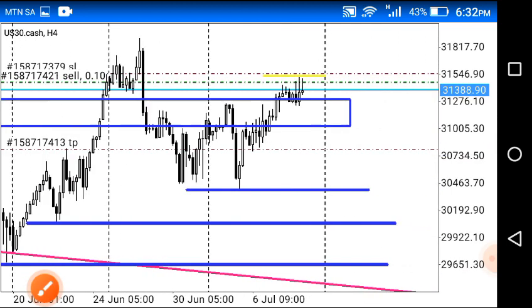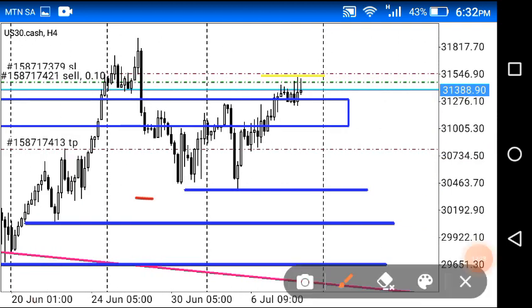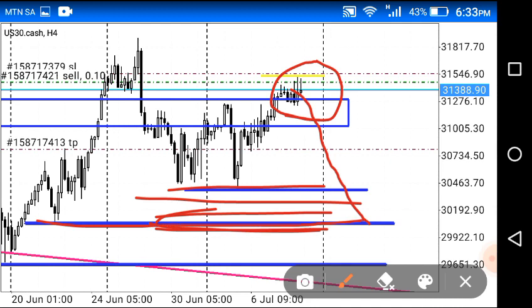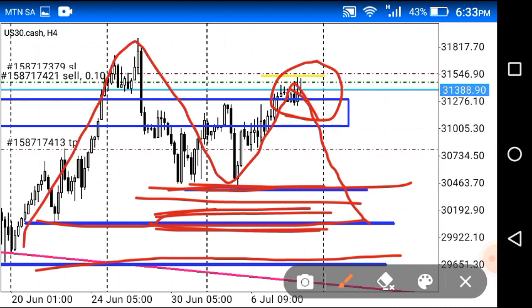So I can tell you now that we have a whole lot of stop losses sitting at this level over here. And what may happen is that the market from where it is may push further down to not only grab the liquidity that is marked by these blue lines, but also to grab the stop losses that are sitting down here, and also to complete that potential M structure that I was speaking about earlier, right?